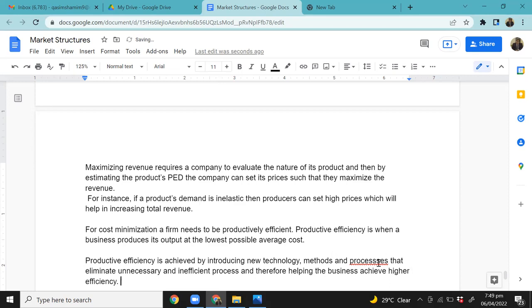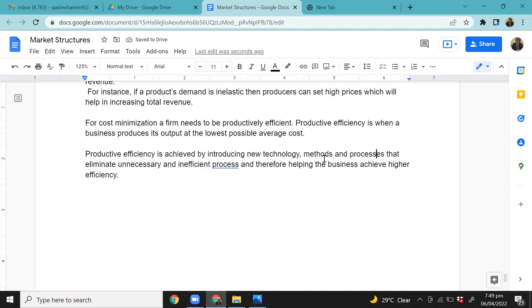So the idea is really simple, students. Productive efficiency is achieved by introducing new technology, methods, and processes that eliminate unnecessary and inefficient processes, and therefore helping the business achieve higher efficiency.